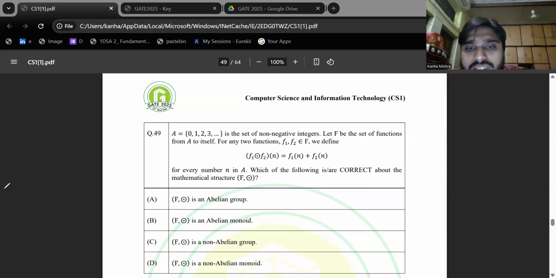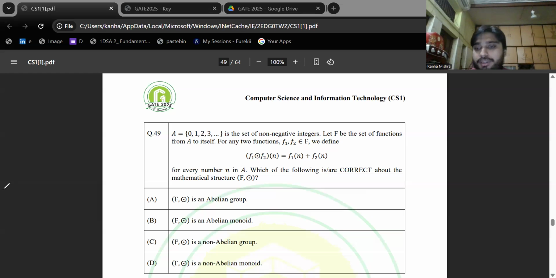So, is it an Abelian group? No, because no inverse is available for general functions. Is it an Abelian monoid? True, because associativity, identity, and commutativity exist. Whenever these three exist, it is an Abelian monoid. Now, is it a non-Abelian group?